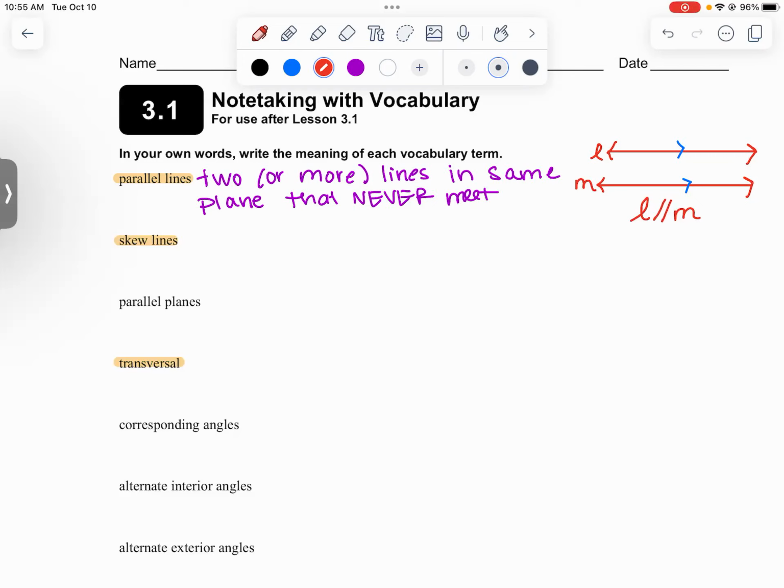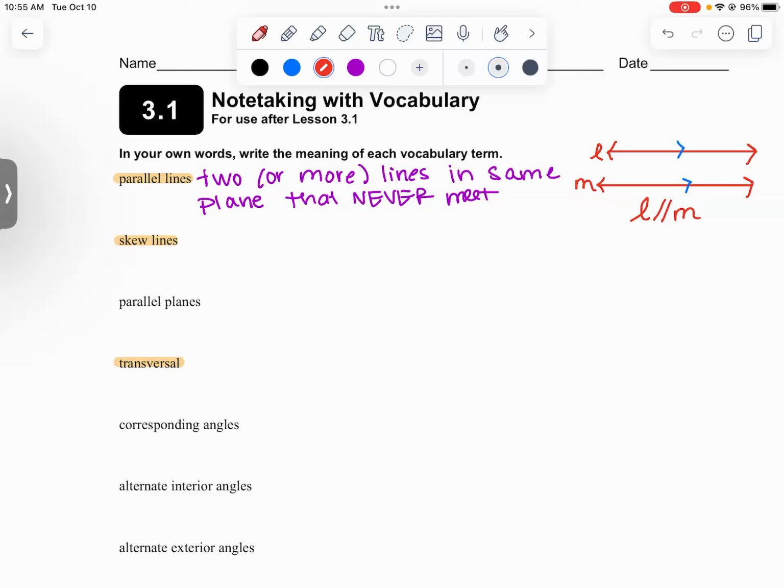I want you to think of this room. I want you to think of a line being like this part of my ceiling, where the lights are. Oh, this corner up here that is vertical. That's never going to touch that guy, right? But they're not in the same plane. Okay, so they're not parallel, but they're still not going to intersect.